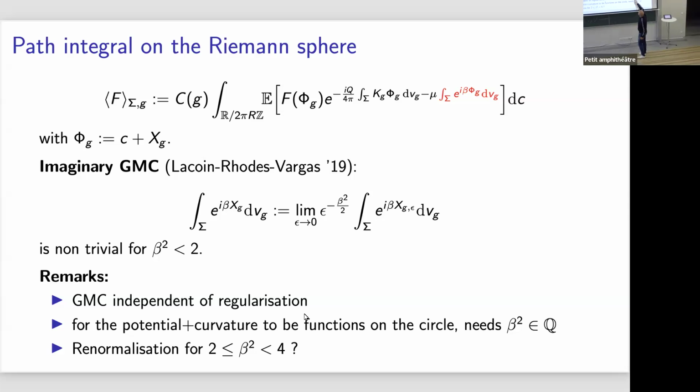But then if you want to make sense of this quantity here, you have this potential here. Basically, you're looking at the expectation of this exponential of this guy. You have to tell me the behavior in mu of this random variable or of this Laplace transform, as a function of mu.